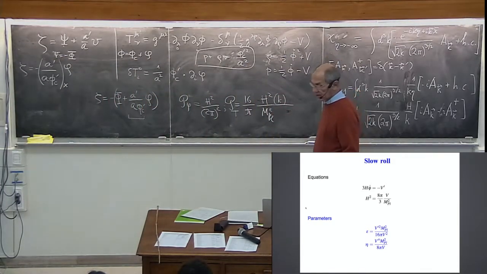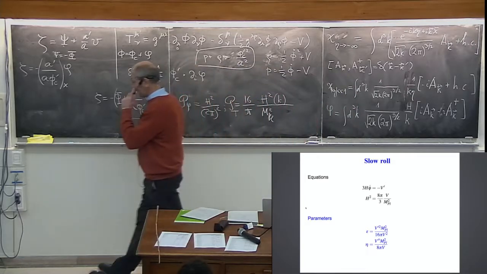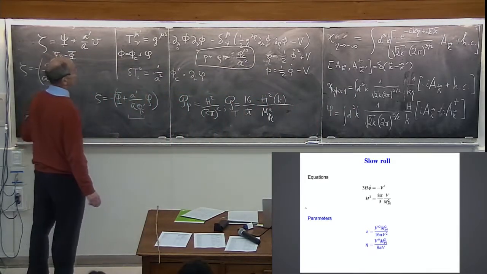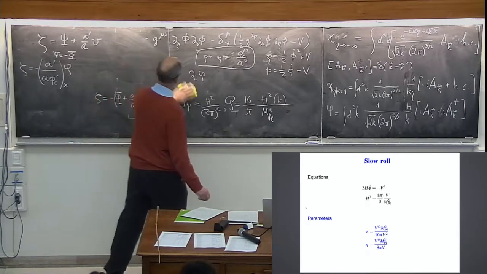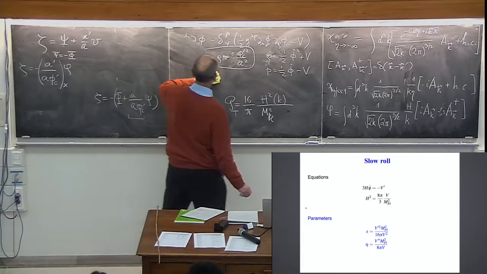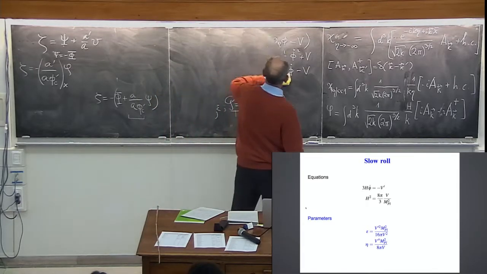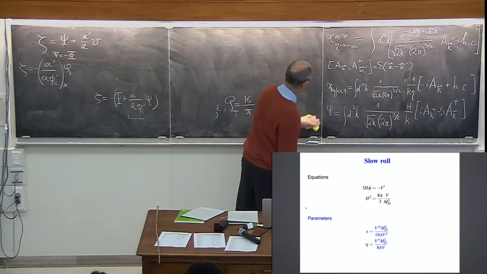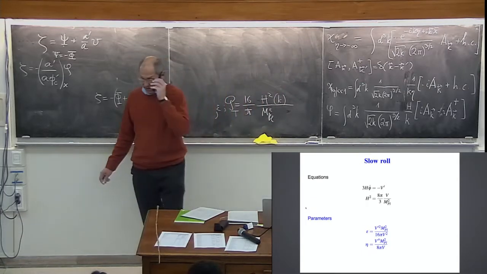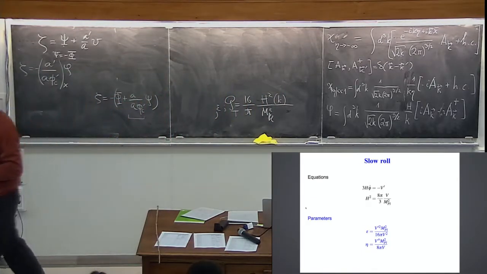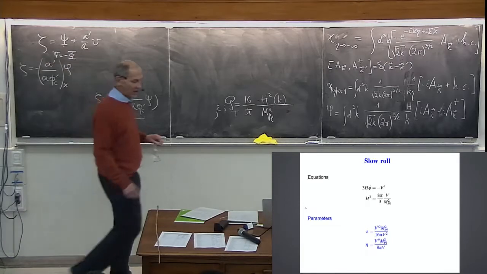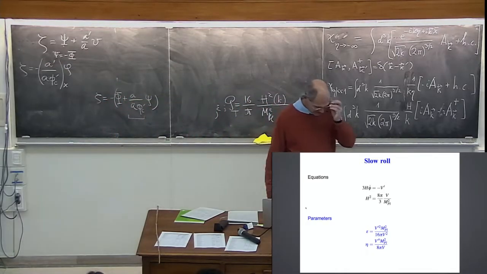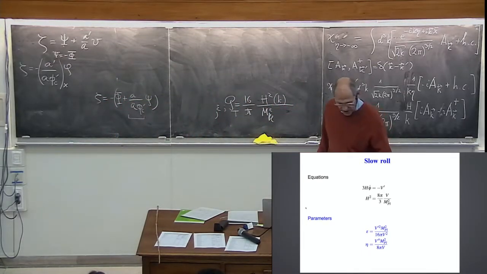But in fact, this guess is correct, because let me write down the equation for you, which you can obtain by using our nice equations for density perturbations and the potentials. By manipulating these equations, you can get the following equation for zeta itself.